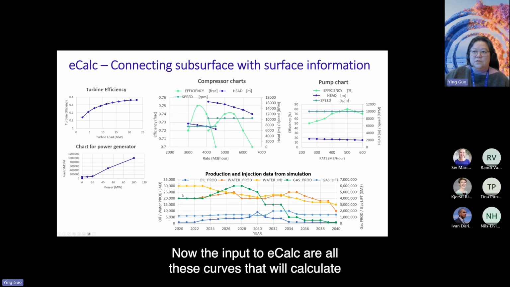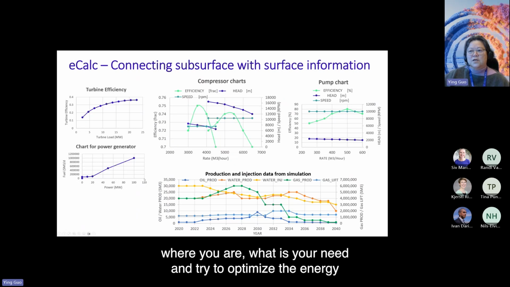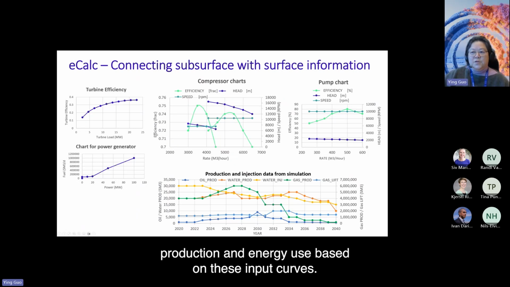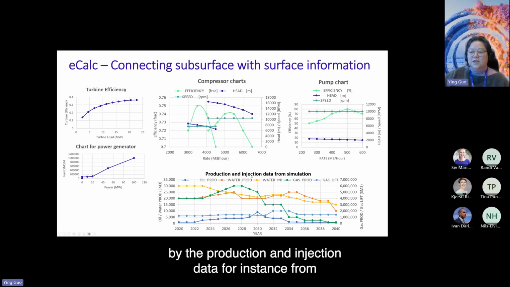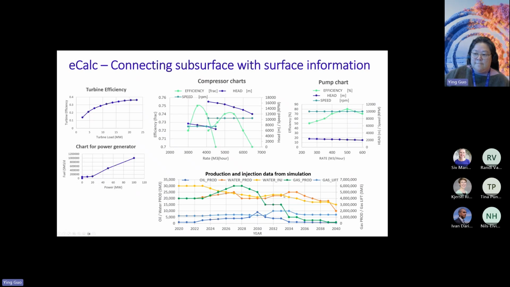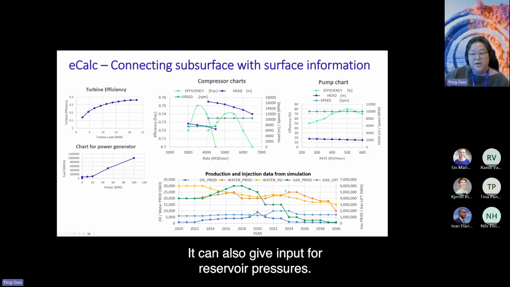Now, the inputs to eCalc are all these curves, which will calculate where you are, what your need is, and try to optimize the energy production and energy use based on these input curves. The input to relate to reservoir performance is given by the production and injection data, for instance, from simulations. It can also give input for reservoir pressures.